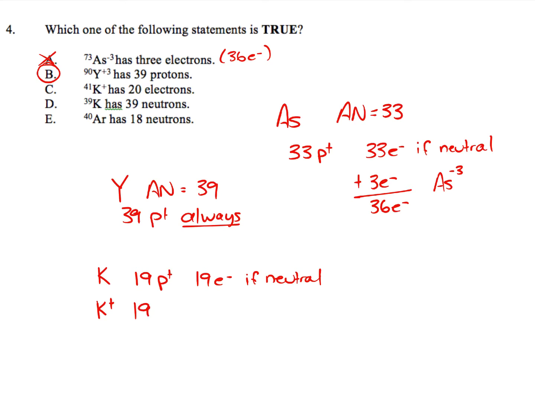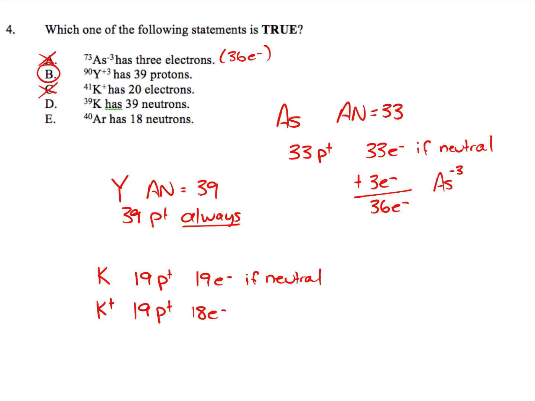Well, K plus, you can't change the number of protons. But in order to get a positive 1 net charge, we need to lose 1 electron. So it'll have 18 electrons. So basically 19 minus 18 is plus 1. That's how we get potassium plus. So C is definitely not true with 20.